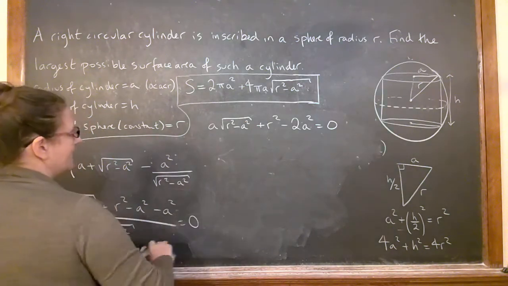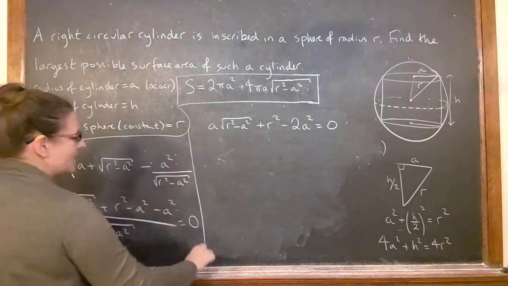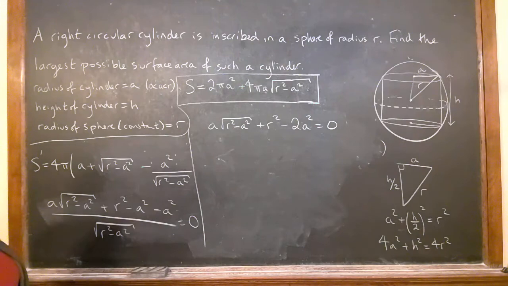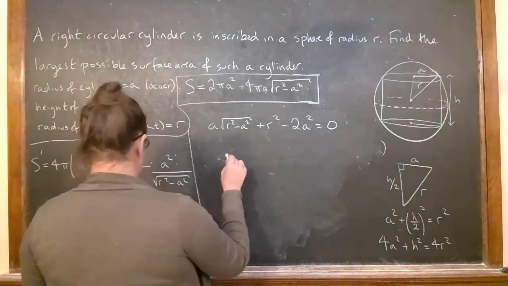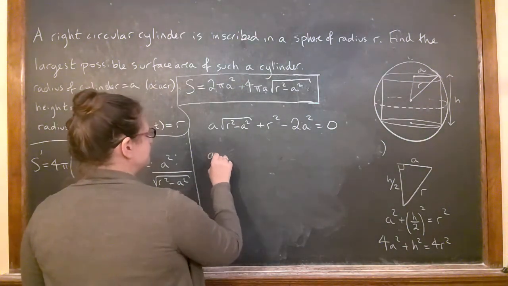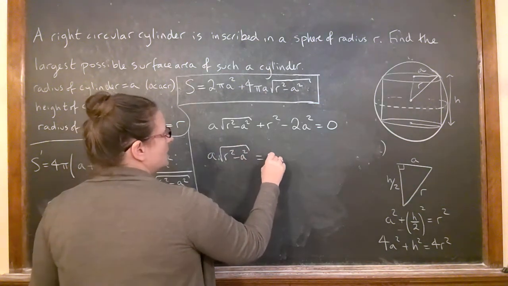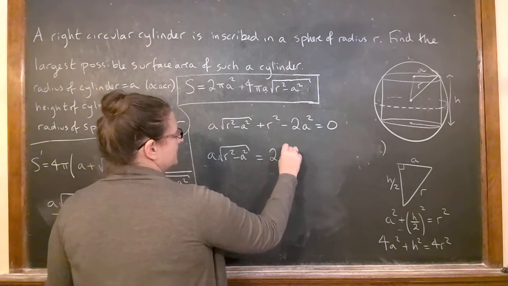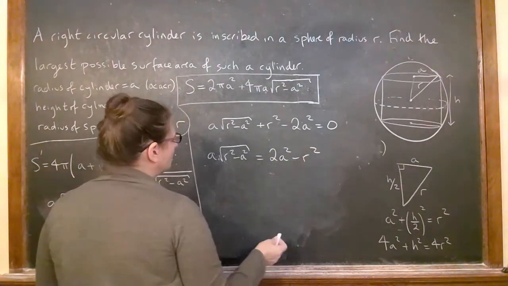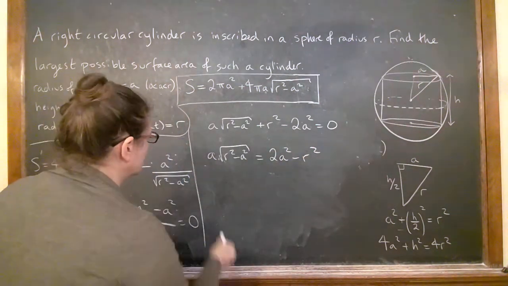Okay, so this is kind of a pain, right? Because I got that square root in there. I'm going to put this stuff on the other side. And then I have to square both sides, because how else am I going to work with this stupid square root, right? So algebra becomes a little bit of a thing here.